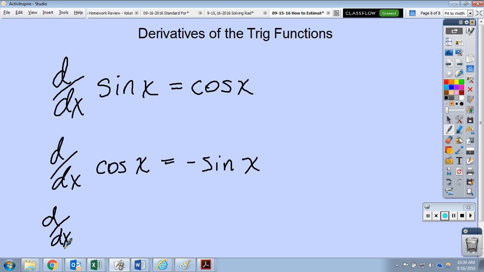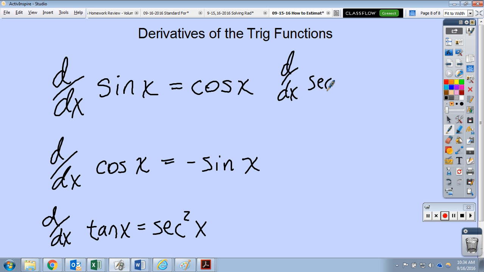The derivative of tangent x is secant squared x. You mean sine squared x or secant squared x? Secant squared x.